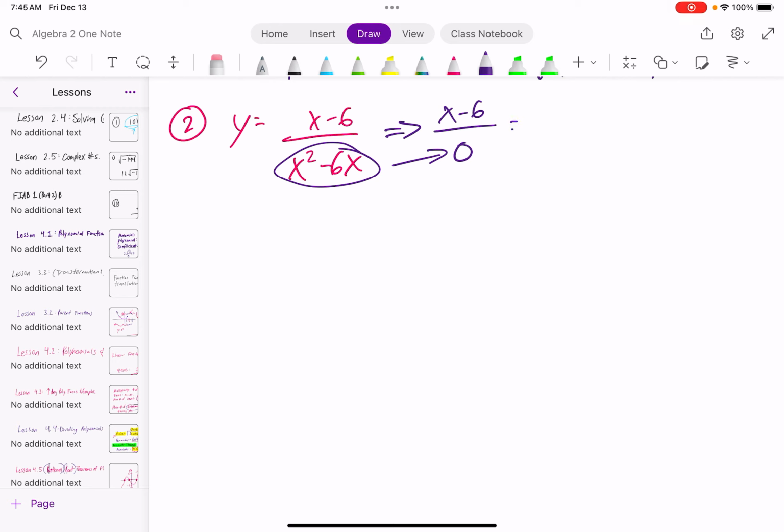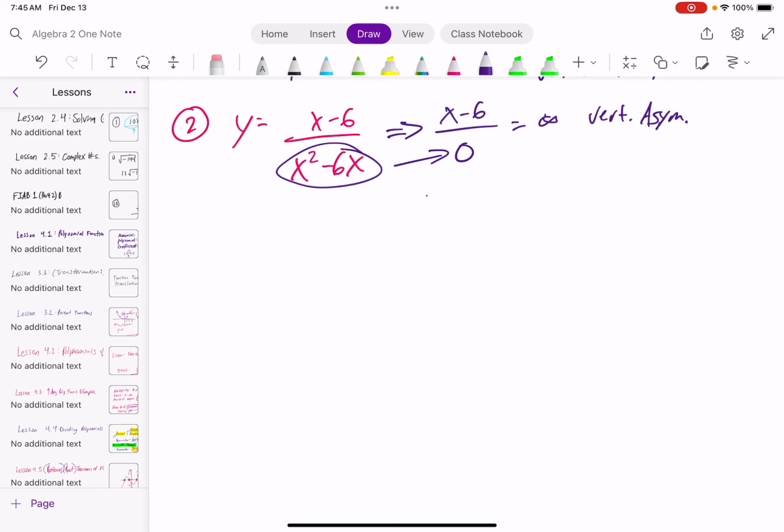Because this would make infinity, and that would be our vertical asymptote. Okay, so x squared minus 6x is 0. By factoring, if we look at what's in common, they both have an x. Let's take out an x, and we get x times (x minus 6) is 0.